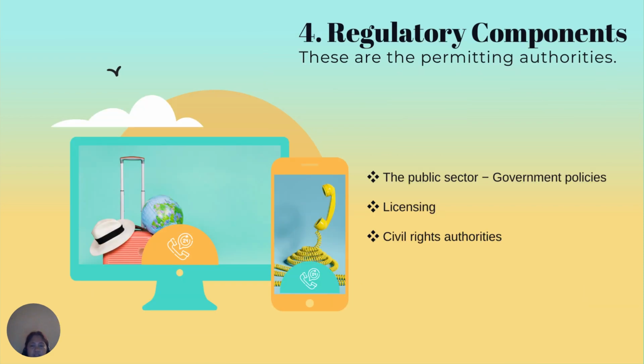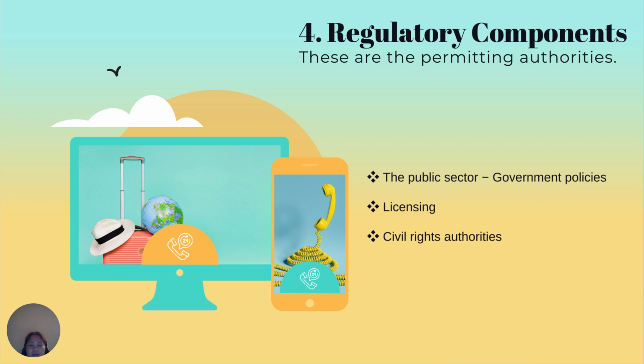Another component that we're very particular about is the regulatory components, wherein there's a need for the public sector. It is the compliance with government policies wherein we are trying to adopt and implement the policies and procedures.